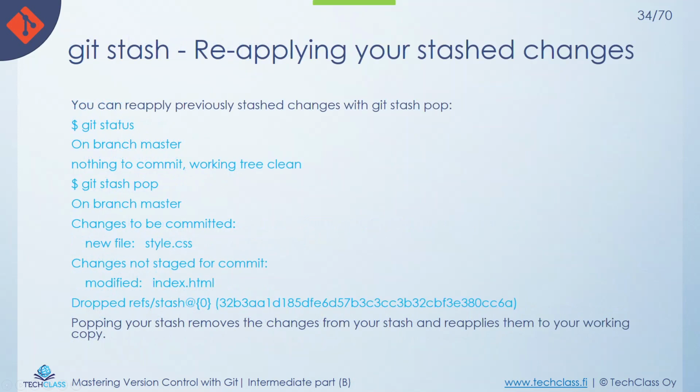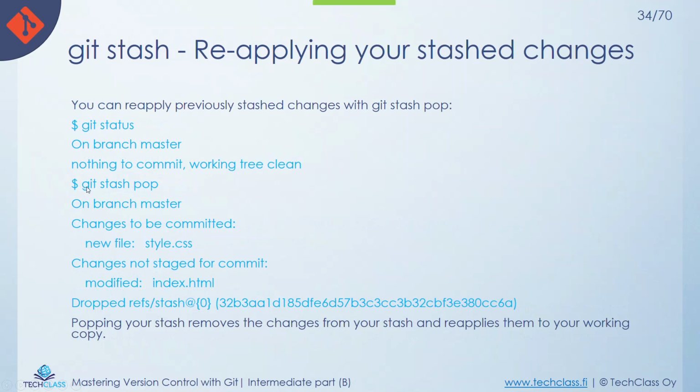All right, and now the interesting question we could ask ourselves is how we can reapply those stashed changes. There are two ways. Now you can see we run this git status command. There's nothing to commit.